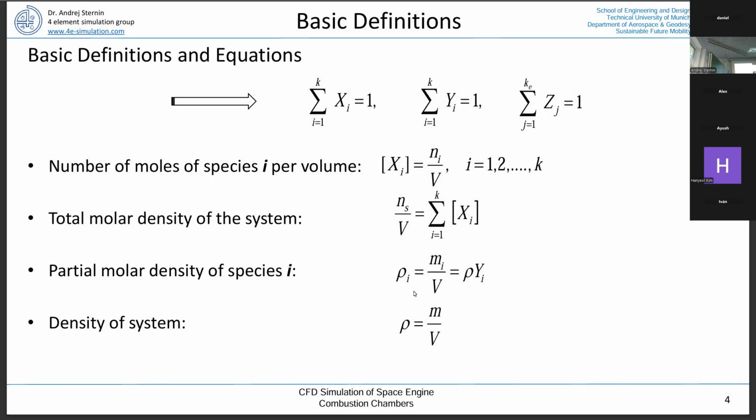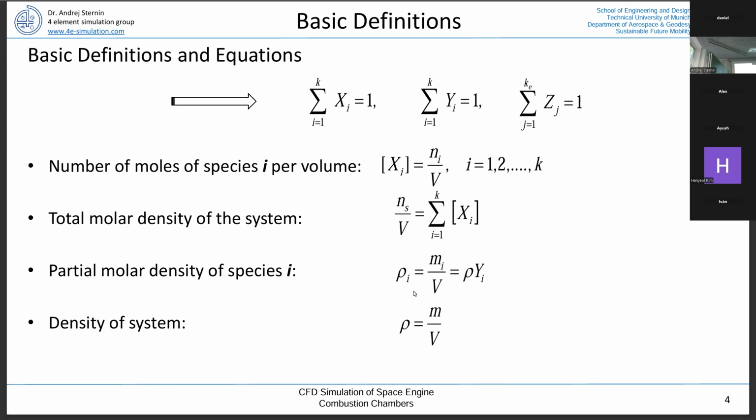Now we could also specify the number of moles per unit volume. Not for the entire system, but we define, for instance, 1 cubic centimeter or 1 cubic meter. We can link that to some kind of density argument, which we quite often have to take into account when we talk about the continuity equation, where we also have the density in the system.